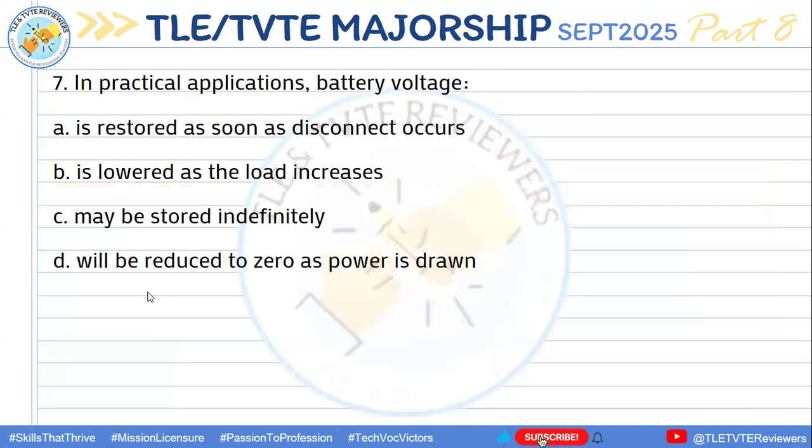Number 7. In practical applications, battery voltage A, is restored as soon as disconnect occurs, B, is lowered as the load increases, C, may be stored indefinitely, or letter D, will be reduced to zero as power is drawn.